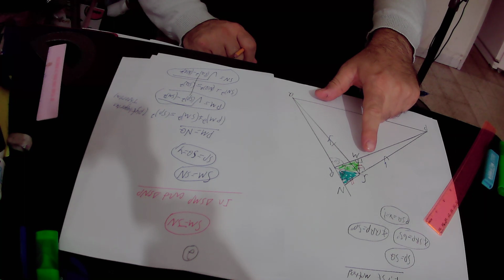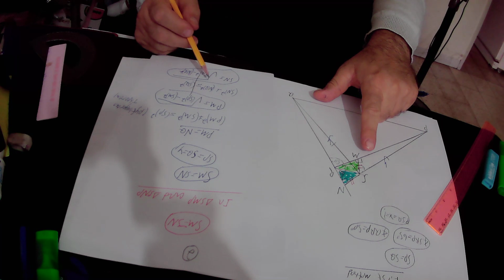Then we have to subtract SN square from this equality.